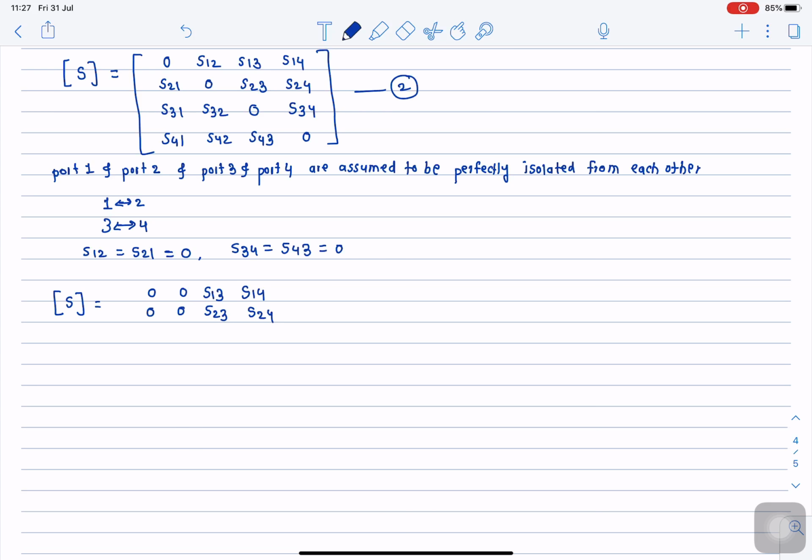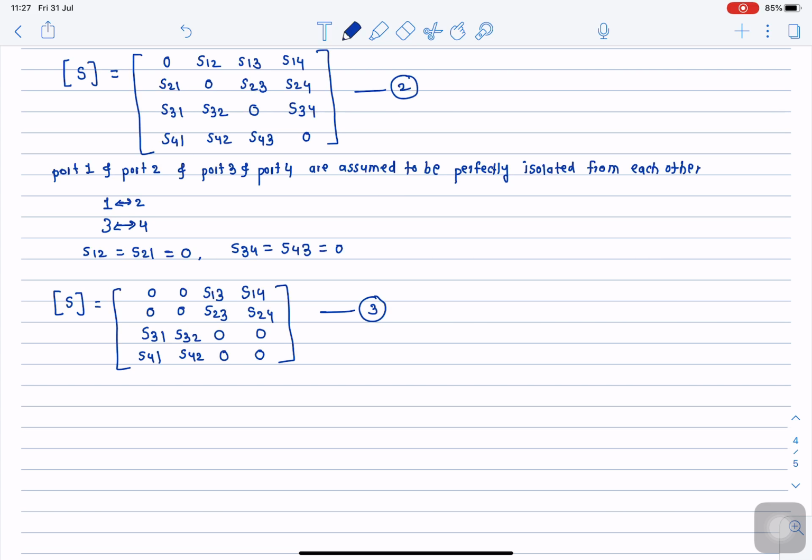S31 as it is, S32 as it is, S33 is 0 and S34 is now 0. S41 as it is, S42 as it is, S43 is now 0 and S44 is already 0. Now we have reduced the scattering matrix still further, so we will get this particular scattering matrix.